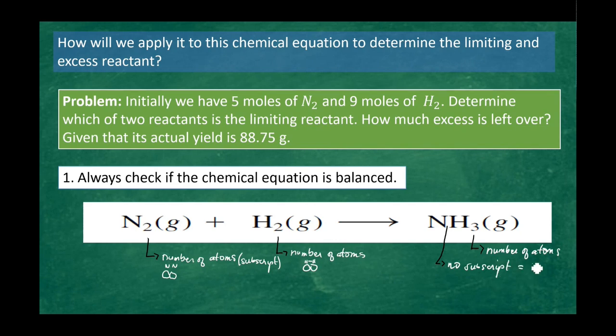No subscript is equal to 1. So now that we have this, let's see the other parts of the chemical equation. Now, you can see in some chemical equations we have 2 or 3 here. For example, this is just an example.